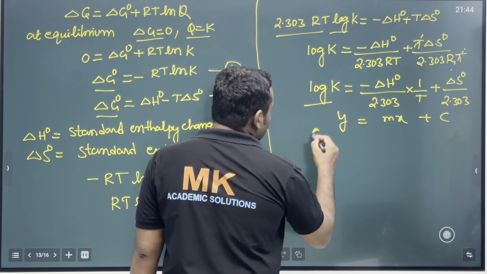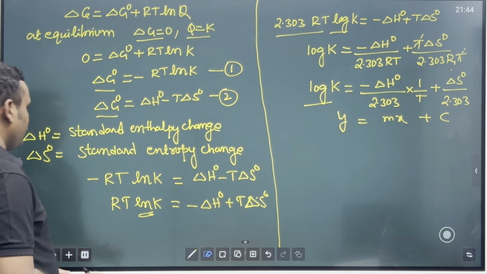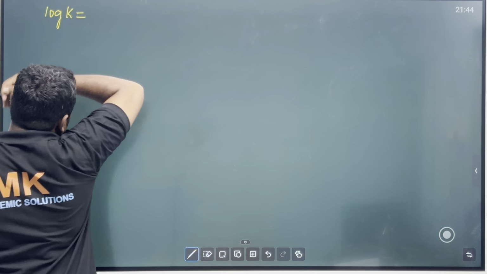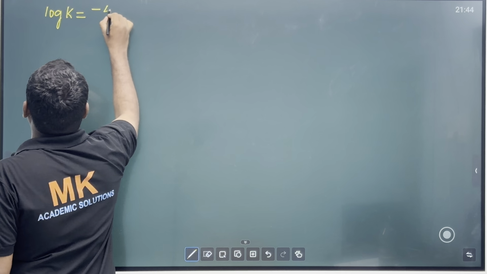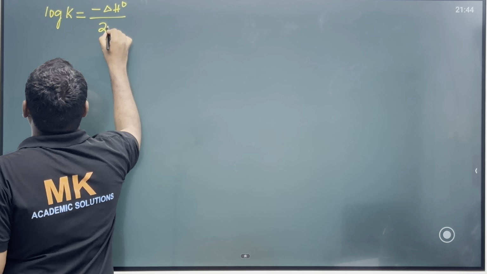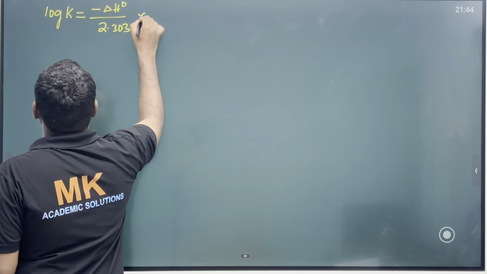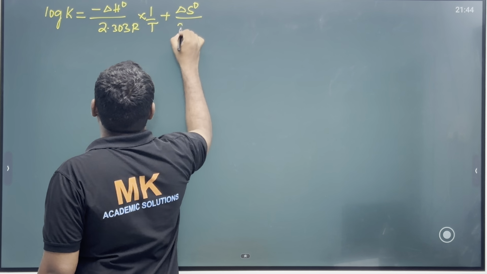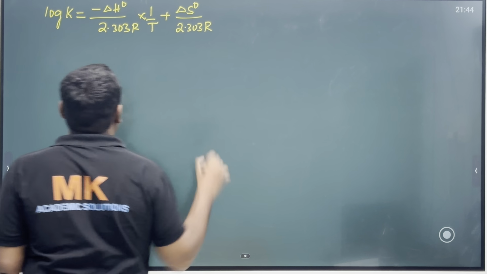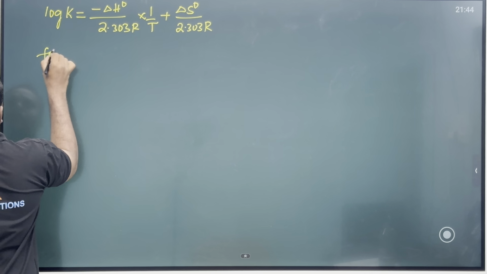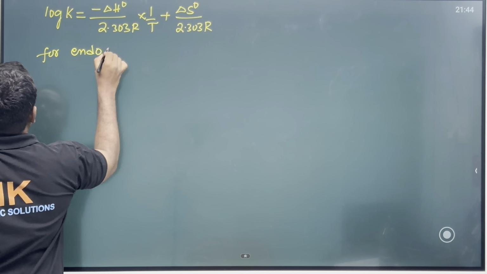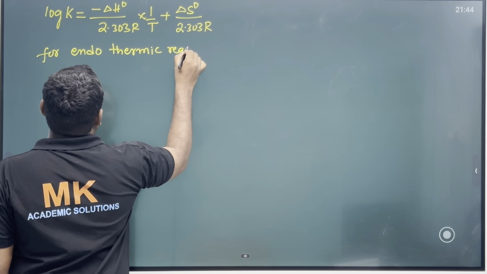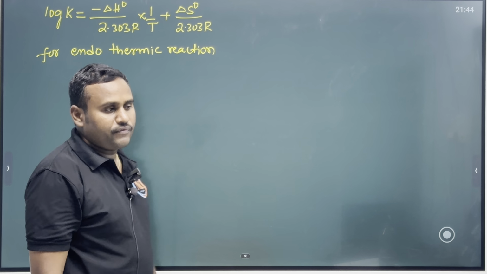Now for an endothermic reaction, we do the same. Here we get log K is equal to minus delta H naught by 2.303 R into 1 by T plus delta S naught by 2.303 R. What is the meaning of an endothermic reaction?